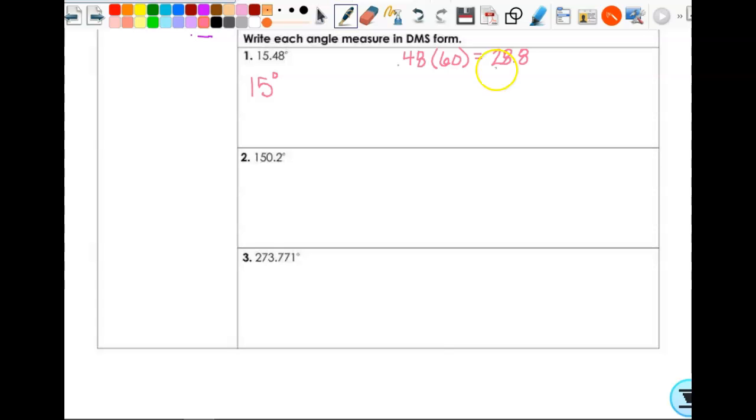So I take that whole number of 28, and it becomes my 28 minutes. Then I take that 0.8, multiply it by 60, and that's going to give me 48. Oh, yeah. See, I can't do it in quotes either. And that's my answer. Easy enough?